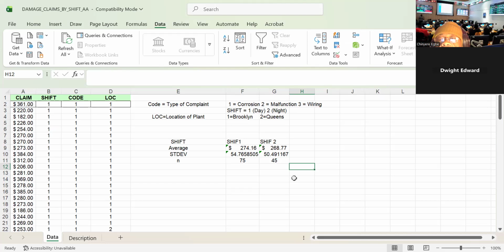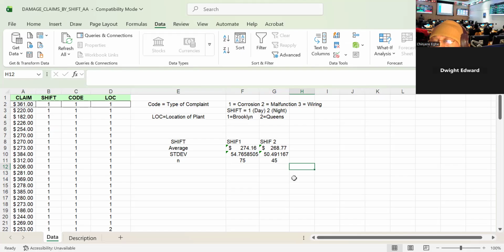For example, is there a significant difference between the day shift and the night shift with regard to the amount of money that is claimed for damaged goods? And you can do that test of hypothesis for the two locations, Brooklyn or Queens, because you can ask the question theoretically as a manager whether differences in the amount of claims are based on shifts.